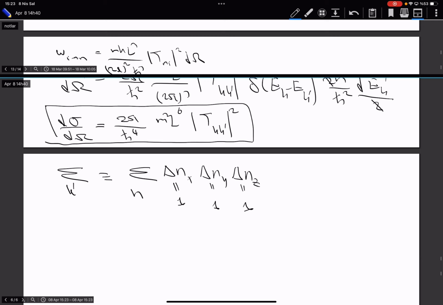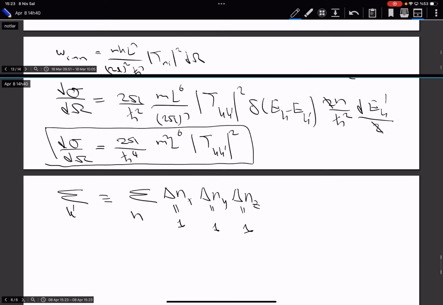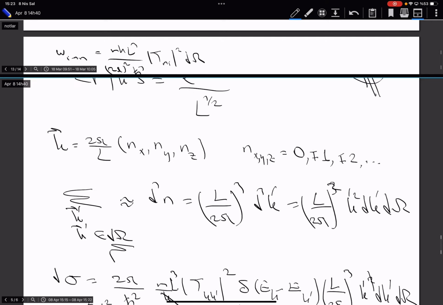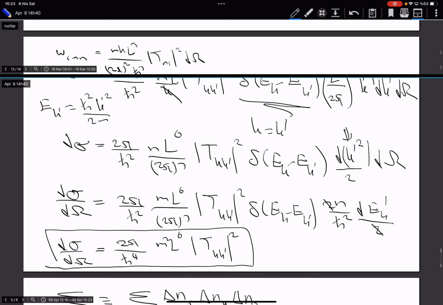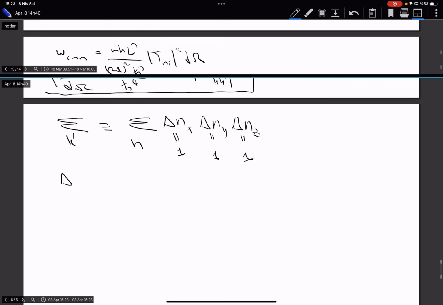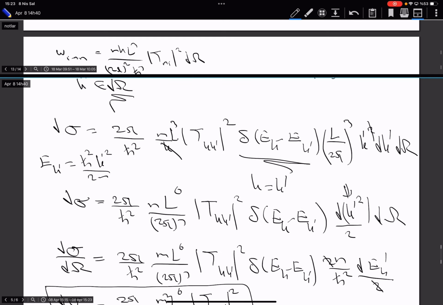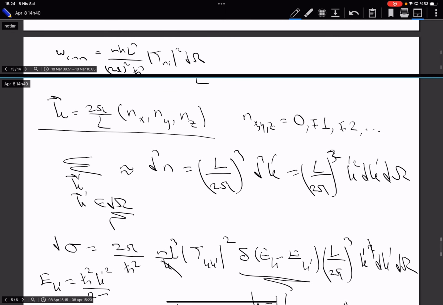Then what I did was, since these are the allowed values, delta kx, y or z is just 2 pi over L delta n, or delta n x, y, z is L over 2 pi delta k x, y, and z. So that is what I did when I went from here to here.